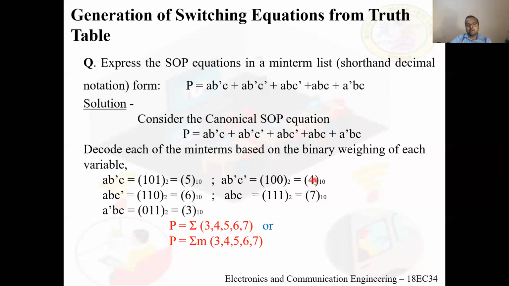And some authors use this notation, summation small m. Small m stands for the min terms. Right? Everyone understood how to convert the algebraic equation, the SOP equation, into the decimal equivalent notation here.